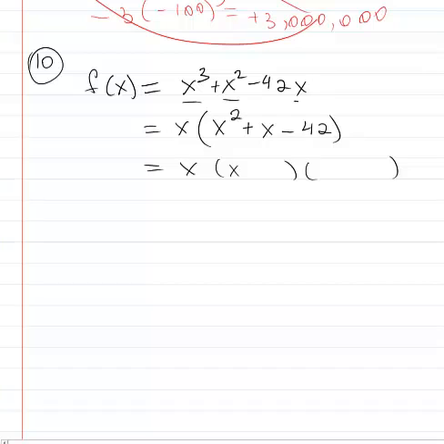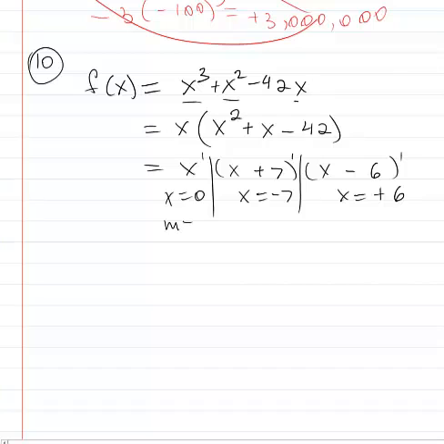Now let's factor this out. So we have x, 7 times 6, and that's a positive, and that's a negative, right? So 7 times negative 6 gives us negative 42, and the middle term, 7x, and the outer term minus 6x, so that's good. Now if you set it equal to 0, here we get negative 7, here we get positive 6, and each of these appears only once.